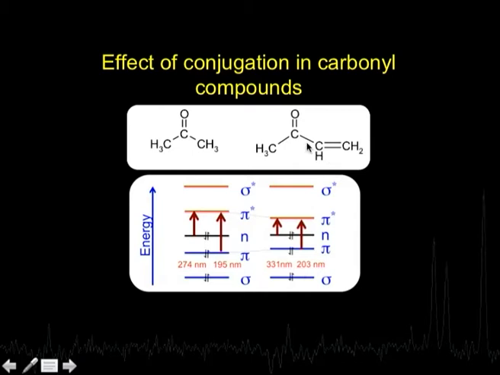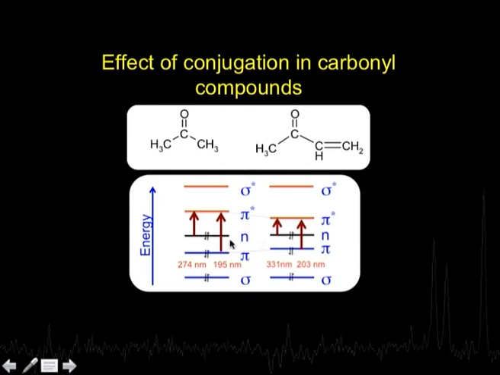When there is a conjugation, the basic energy level diagram remains the same. But because of this conjugation, the pi level becomes slightly higher in energy in the enone, and the pi star becomes lower in energy, whereas the non-bonding n orbital remains of similar energy.